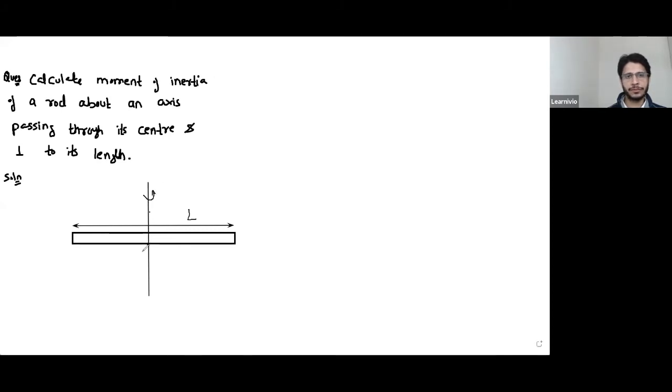This is the origin. This axis divides the rod into two equal parts. The length of the left part is L by 2. The length of the right part is L by 2. If this is the origin, x equal to 0, then the coordinate of this end is x equal to plus L by 2, and the coordinate of the other end is x equal to minus L by 2.